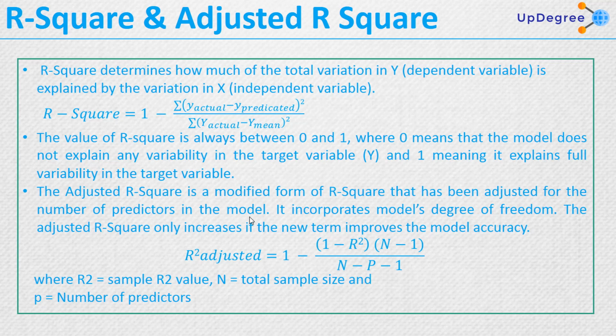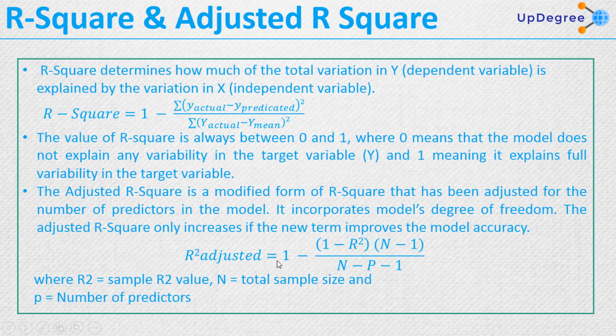In statistical regression, a quantity that can assume any of a set of values is known as a predictor variable. So the adjusted R square incorporates the model's degrees of freedom. The adjusted R square only increases if the new term improves the model accuracy.